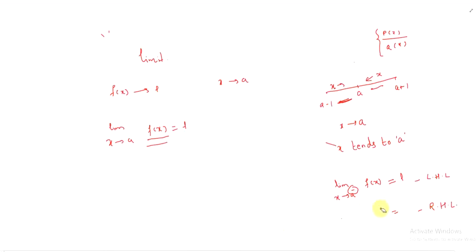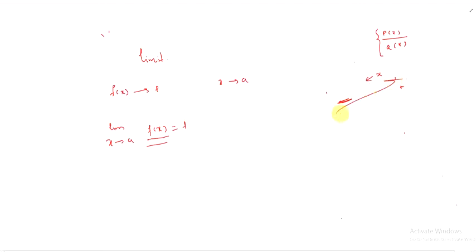If both the limits exist and they are equal, then we say that the limit of the function at the point x is equal to a exists. For example, if the left hand limit of the function is equal to the right hand limit of the function, equal to L, then we say that the limit of the function exists.